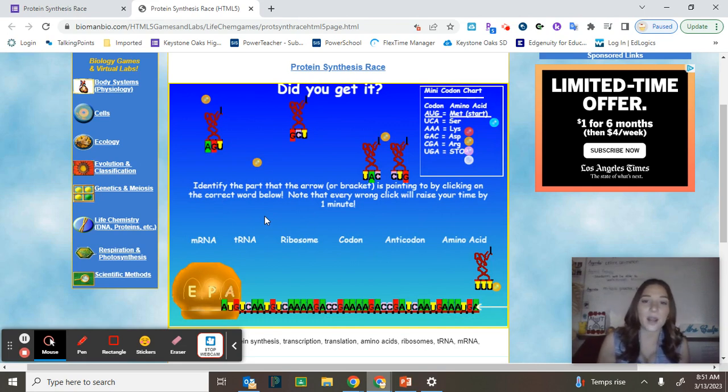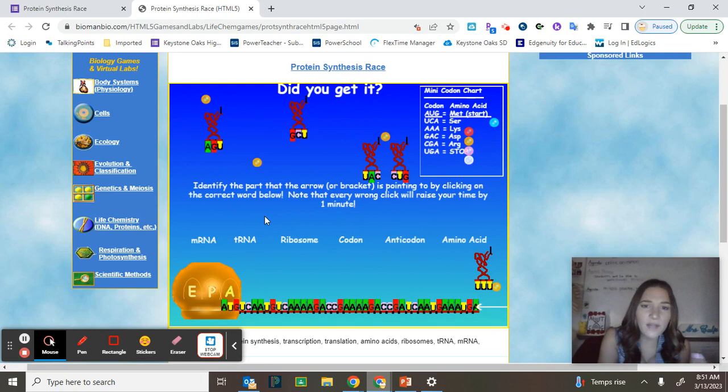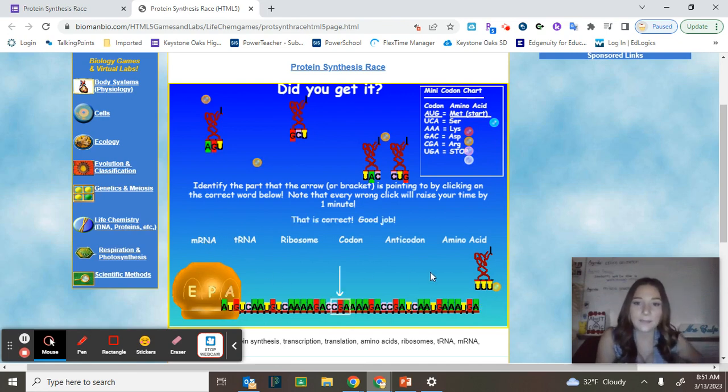So it says identify the part of the arrow or bracket that we're pointing to by clicking on the correct word. All right, so for example, I'm pointing to this strand right here. This thing that I used with all the codons on it is called mRNA. 3 letters, 3 bases on mRNA is called a codon. That's what we're going to use to determine what amino acids will be brought to the ribosome.